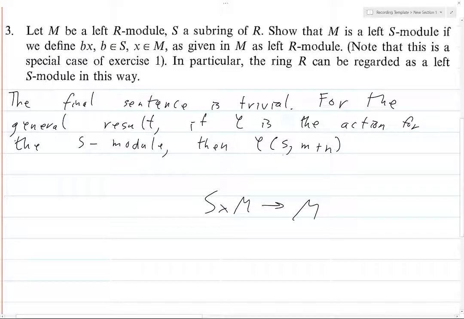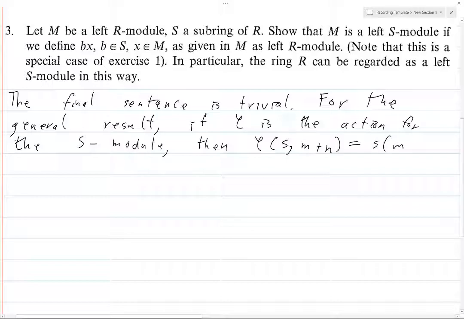So we have phi of (s, m plus n), and we want to prove that this is equal to phi of (s, m) plus phi of (s, n). Obviously, the multiplication that we're defining, this phi, is just multiplication.